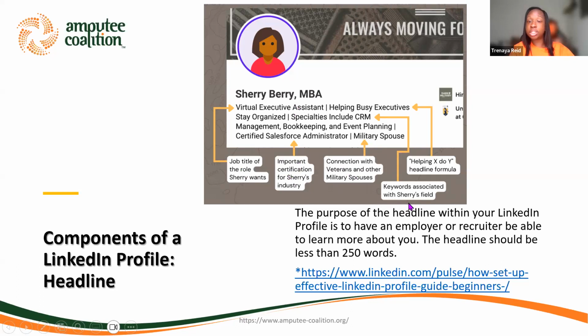Keywords associated with Sherry's field, and the helping X do Y headline formula, which we will go over in a little bit, the X, Y, and Z formula to use as you're creating your LinkedIn profile. But essentially, this here is a good example of what a headline should look like on your LinkedIn profile. And again, making sure that that headline is under 250 words.